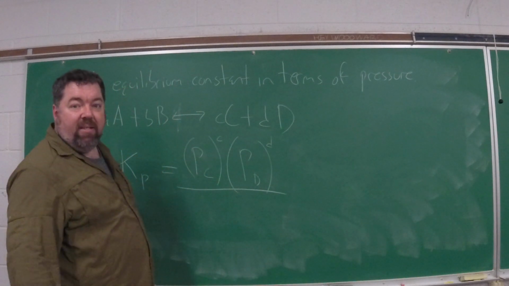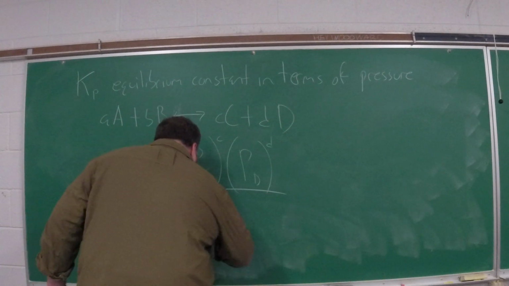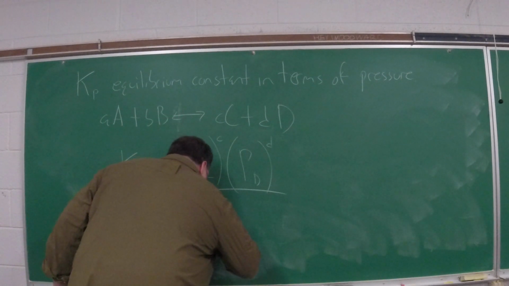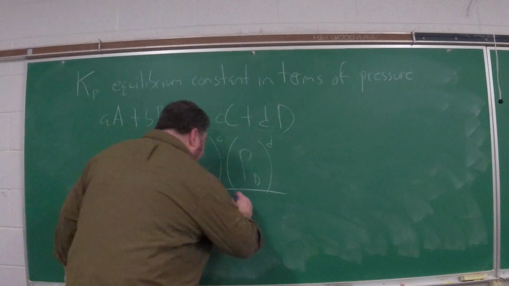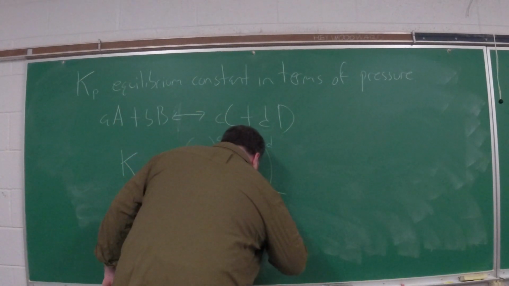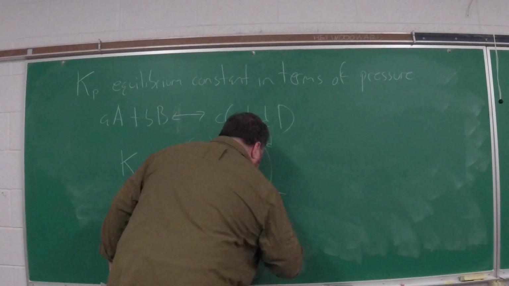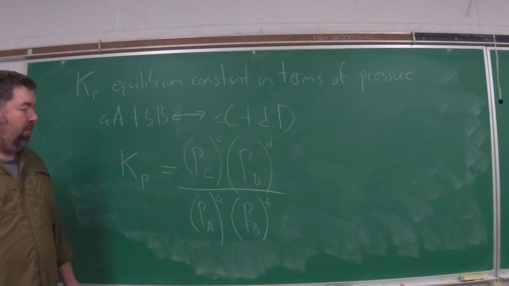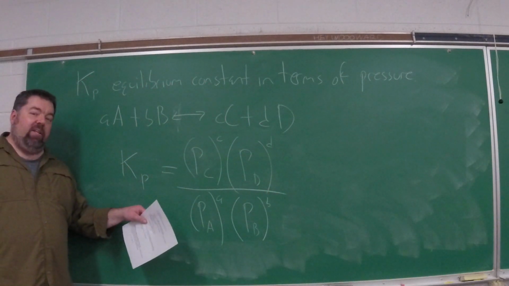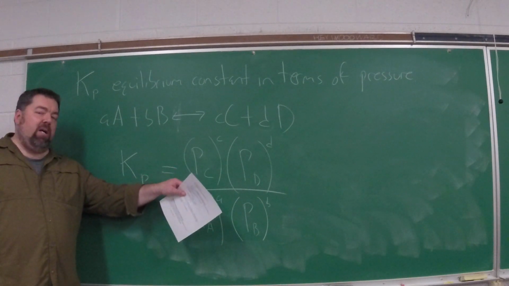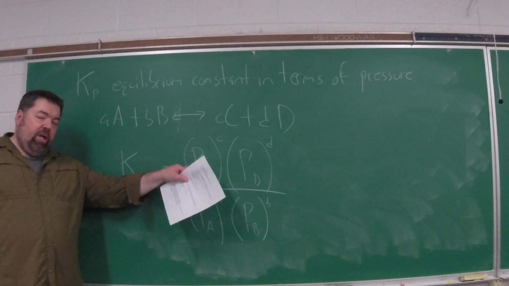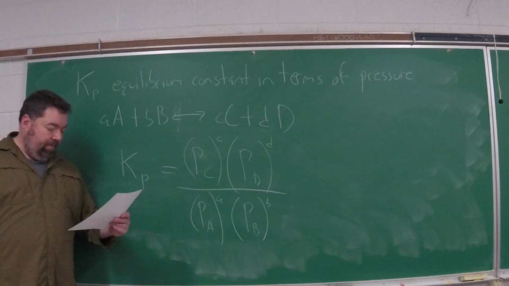Products over reactants, that has not changed. Then the partial pressure of A raised to its coefficient a, and the partial pressure of B raised to its coefficient b, if they're there. This is exceedingly straightforward, very similar to Kc. If these are given in terms of partial pressure, atmospheres, torr, whatever, you just use this instead. It'll usually tell you.